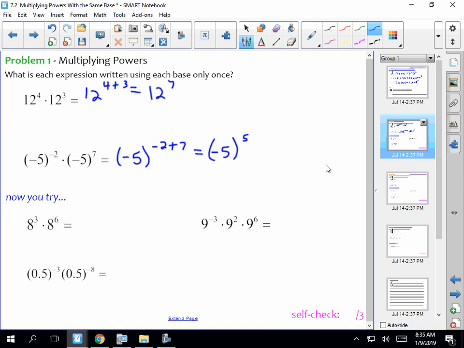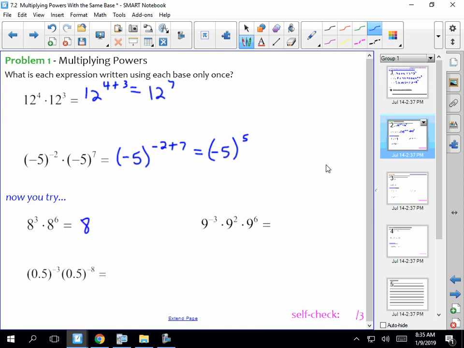Why don't you try the 3 down here? Just take like a minute to rewrite these just as a base to a power. You don't need to go to the calculator and evaluate it. Just base to a power, and then I'll do them and we'll check. Okay, so looks like you got it.